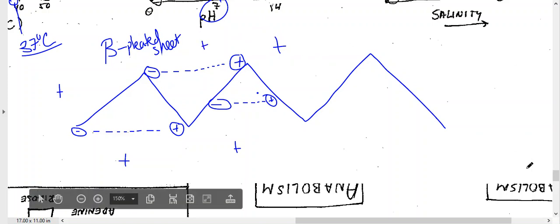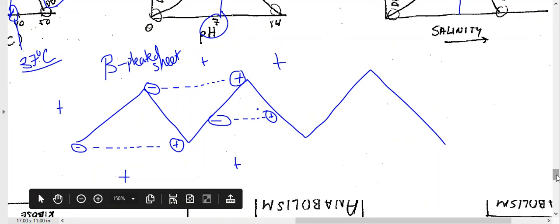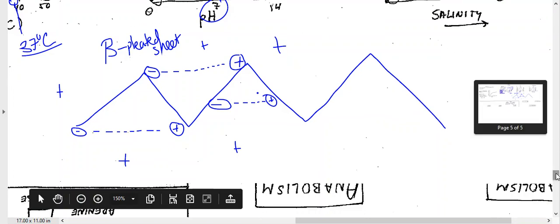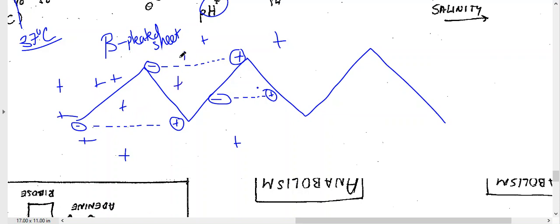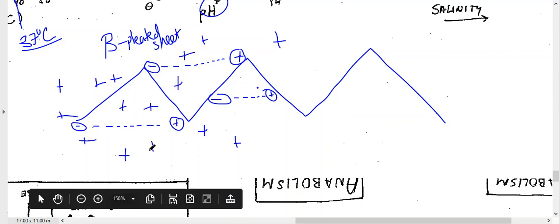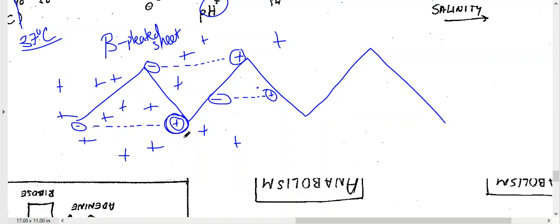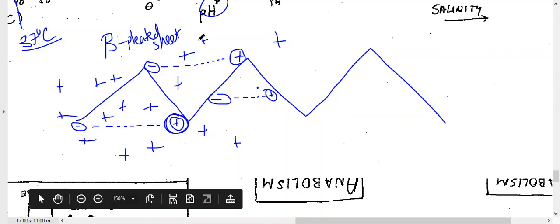But the point is that when you get too acidic, when you decrease the pH, you're adding too many protons. You're adding too many hydrogens, right? So I'm going to add a whole bunch of protons all over the place. Look at all these protons. And what's going to happen if you get too acidic? Well, eventually this slightly positive charge is no longer the closest slightly positive charge because there are so many protons all over the place.